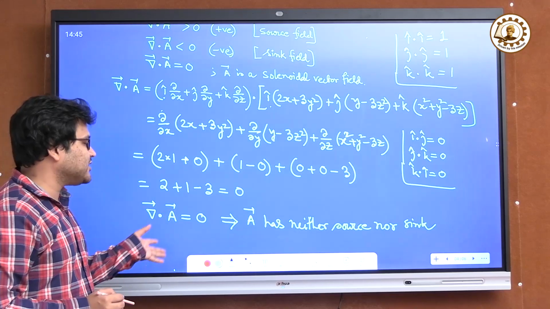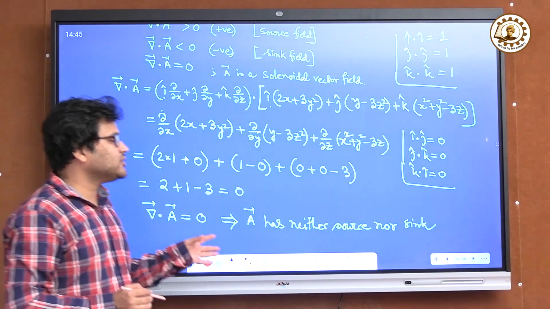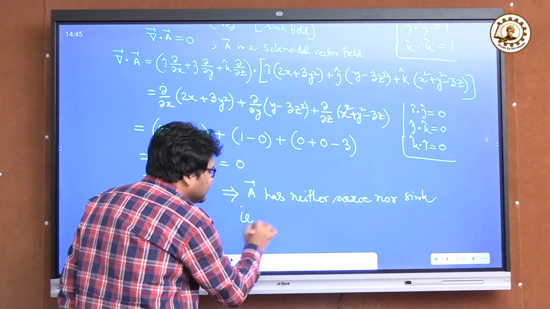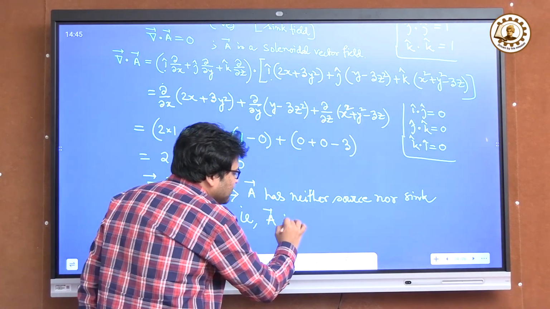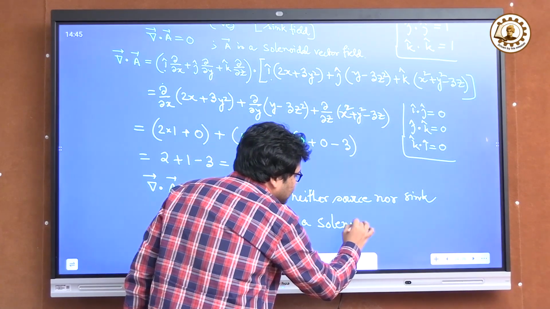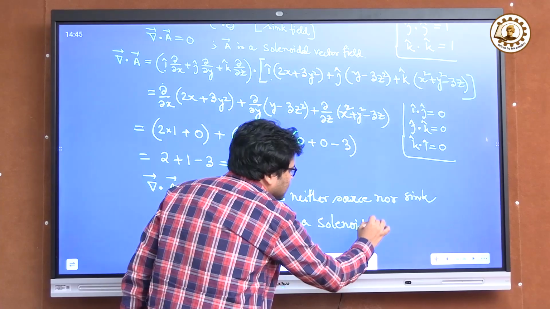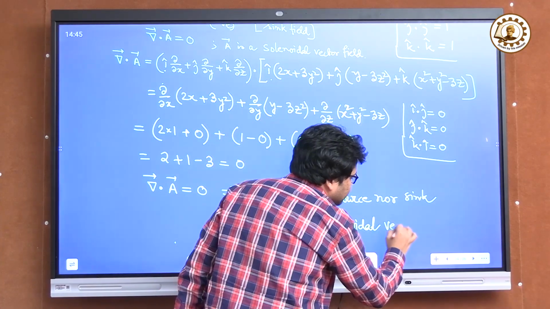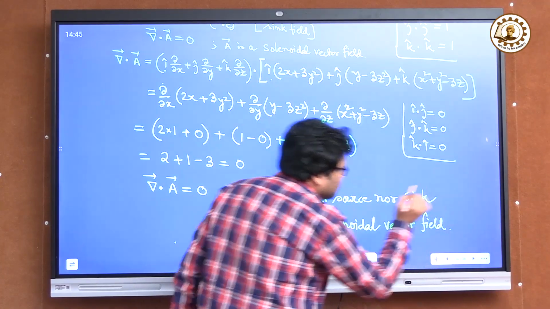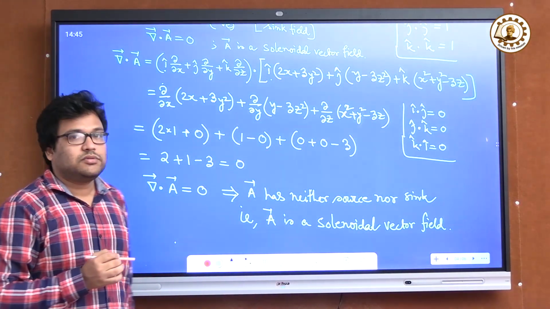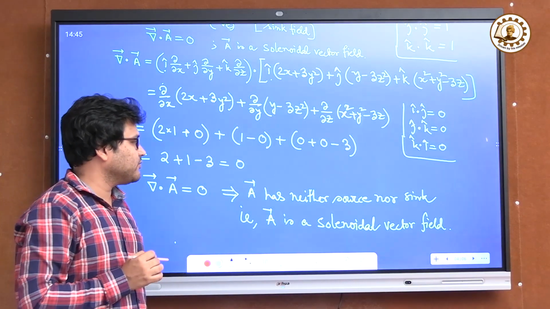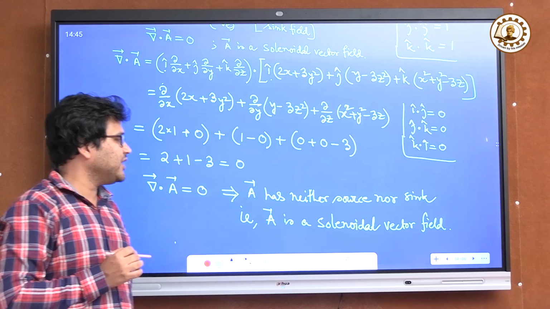So that implies that A vector has neither source nor sink. That means A vector is a solenoidal vector field. So here we have shown that A vector has no source or sink field. It is simply a solenoidal field.